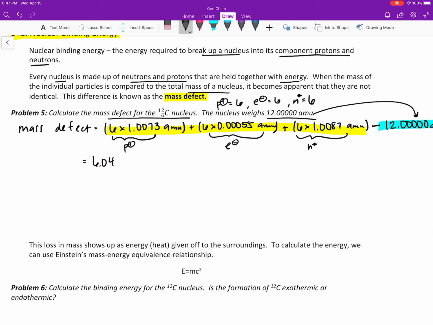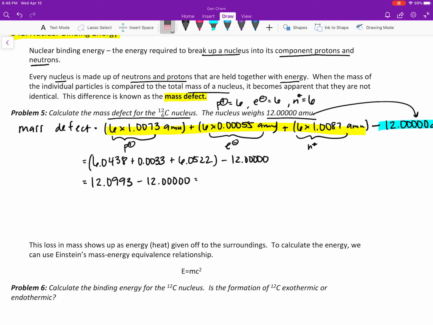This is 6.0438 plus 0.0033 plus 6.0522. Add those together, and then I'm going to subtract 12 from that. 12.0993 is what the sum of those three is, and make sure I don't lose a digit.